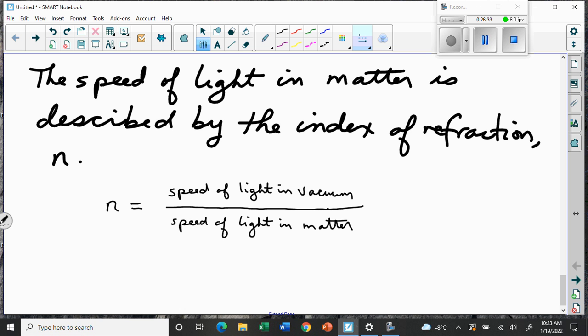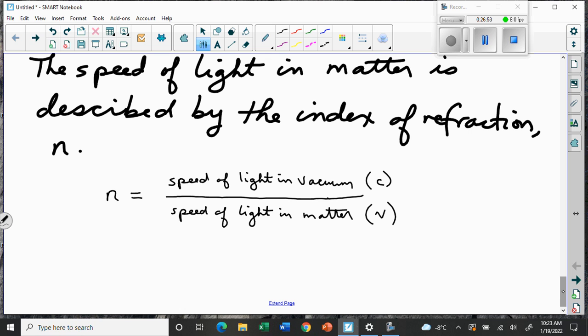We're going to call the top of this what we called it before, remember? C, the speed of light in the vacuum. And then in physics, we often use a little v for speed because it's like velocity, right? So the speed of light in the matter is going to be called v. So this shortens to a much simpler little expression, n equals c compared to v. But you have to remember what those little c's and v's stand for.